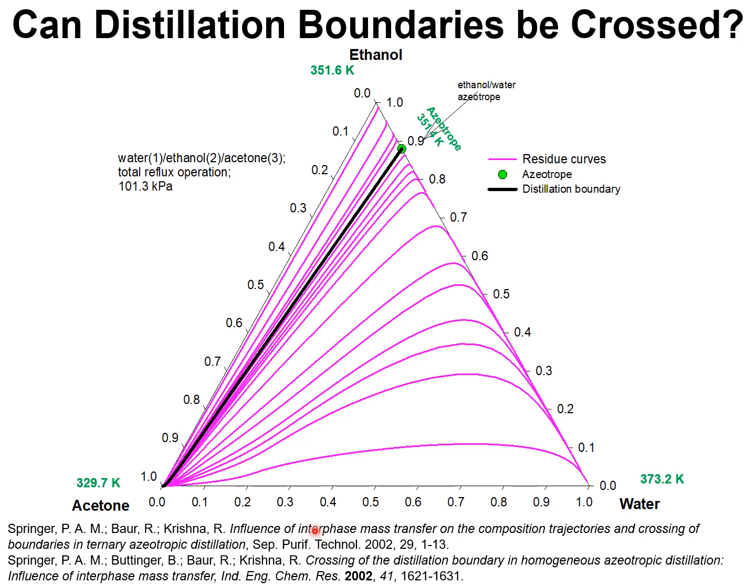So asking the question, can Murphree efficiencies assume negative values, is analogous to asking the question, can distillation boundaries be crossed?